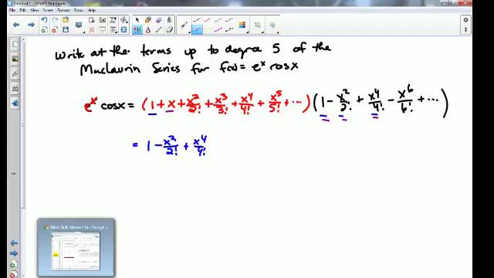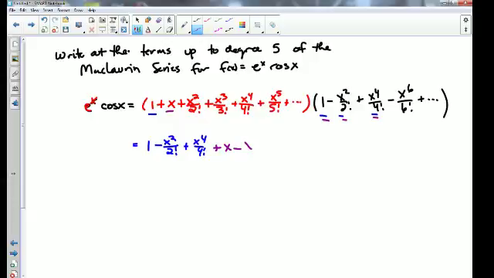Plus x minus x cubed over 2 factorial plus x to the 5th over 4 factorial, right? Now I'm at degree 5, I can stop, because if I did this, it'd be x to the 7th, which is degree 7, I don't need it, correct?